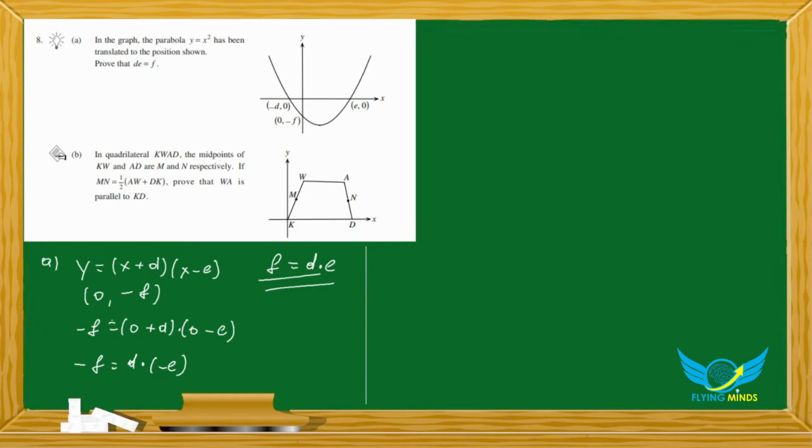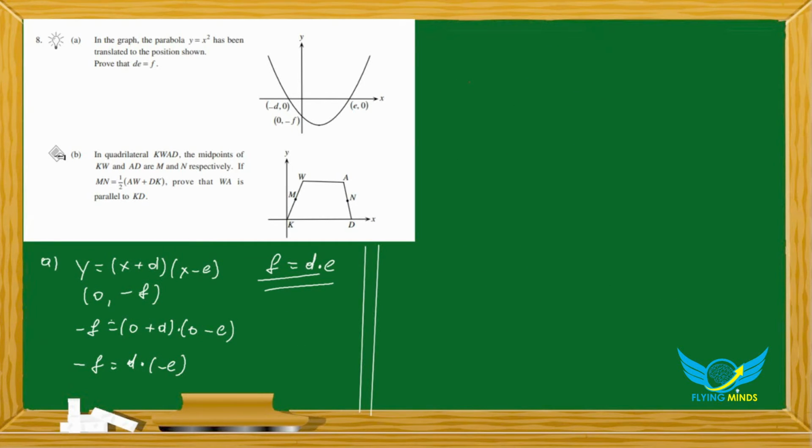Okay, so next, part B. Quadrilateral KWAD, the midpoints of KW and AD are M and N respectively. If the length of MN equals half of the sum of the lengths of AW and DK, prove that WA is parallel to KD.